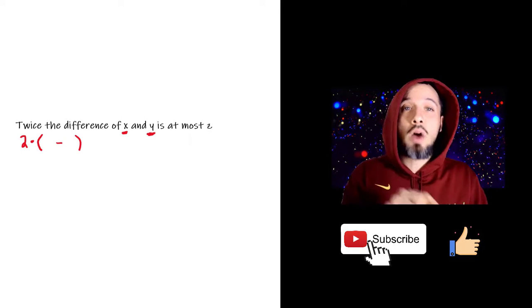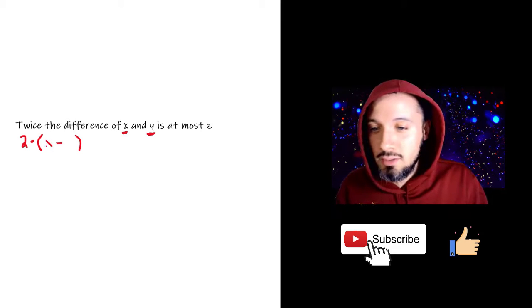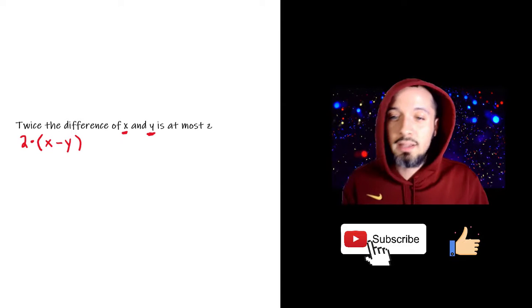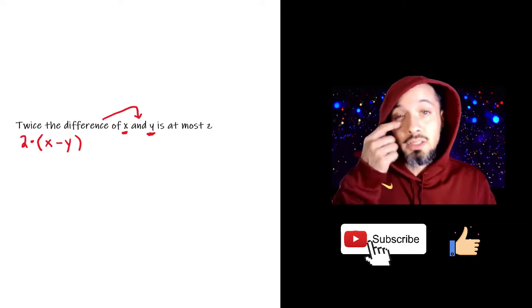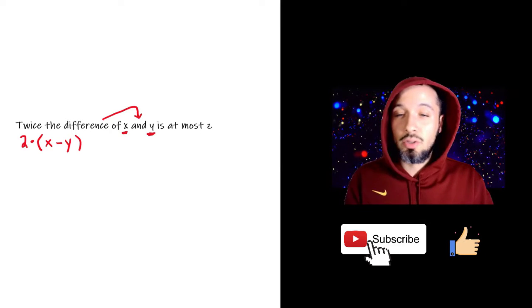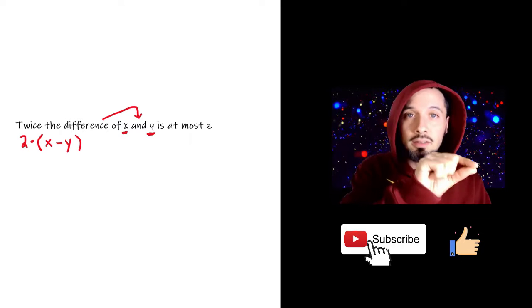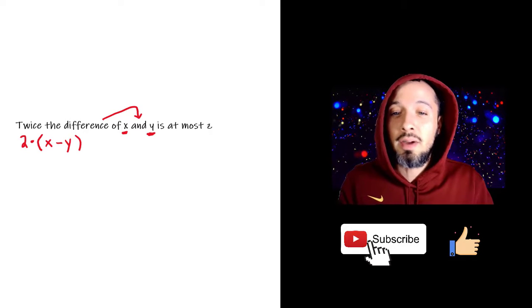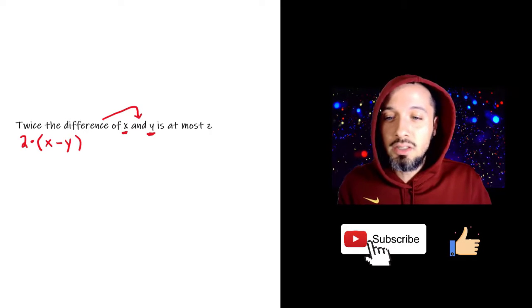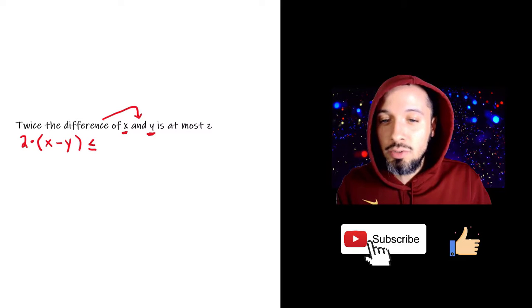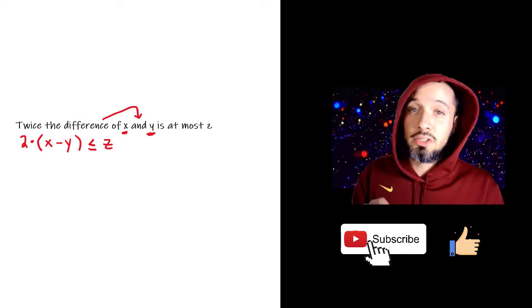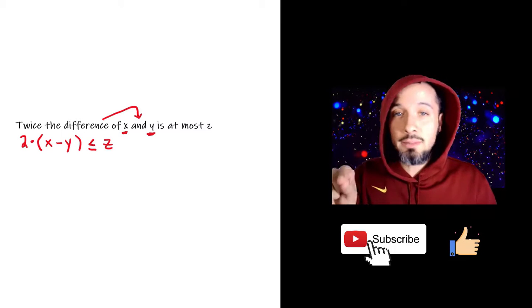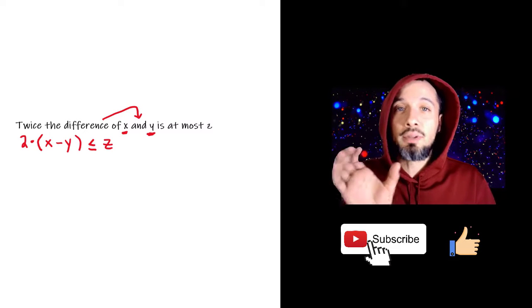So x and y are being subtracted together. I like to think of the and as being replaced by the minus sign. It splits the two up. So like the difference of x and y. That's kind of like what I'm picturing in my head. And then at most, which means less than or equal to, and then the letter z. So again, there's a clue. Anytime it's times the sum or times the difference, you know you've got to put that next part in parentheses.